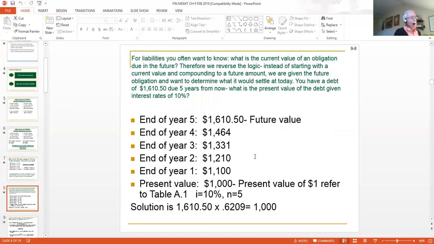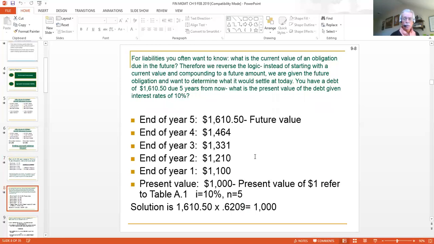Similarly, if we were given a future value amount, knowing 5 years from now you owe $1,610.50, what could you settle that for if you wanted to settle this balance today? Given an interest rate environment of 10%, we would discount the $1,610.50 over 5 periods at a rate of 10%.